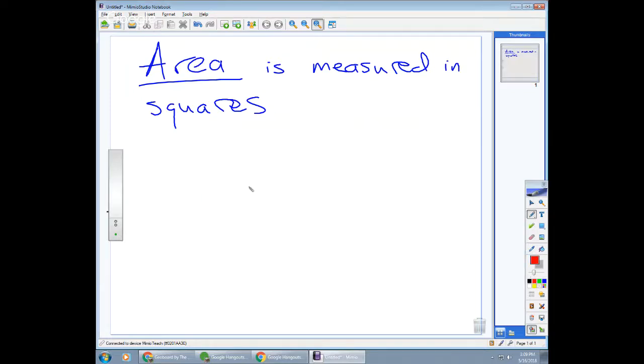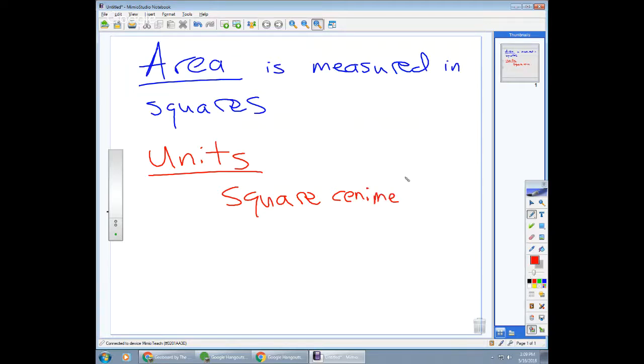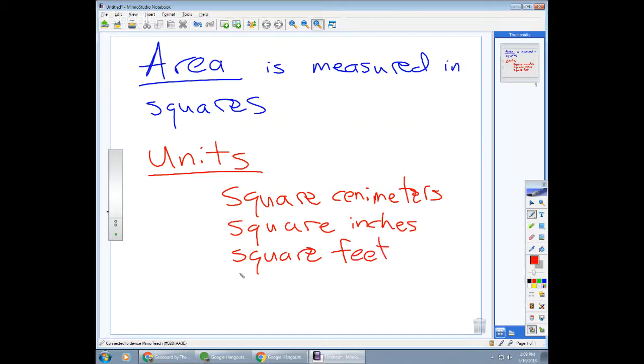And that's okay. In terms of units, instead of just calling them squares, we have things like square centimeters, square inches, square feet, square kilometers.